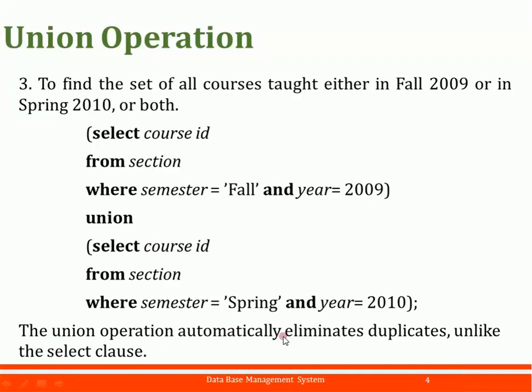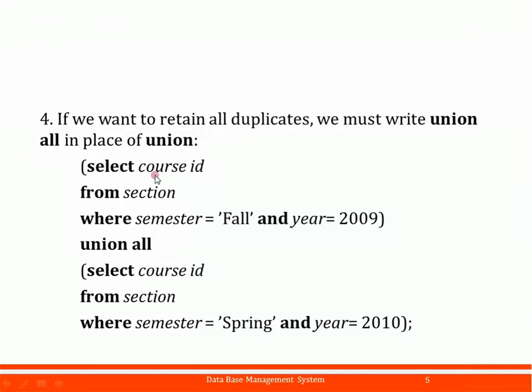The union operation automatically eliminates duplicates, unlike the select clause. The select clause will bring you duplicates, but in case of union, that will be removed automatically. So this gives you the courses that were taught in either fall 2009 or spring 2010 or in both. If you want to retain the duplicates also, then you have to replace union with union all.